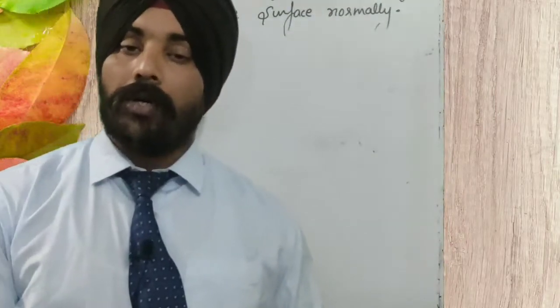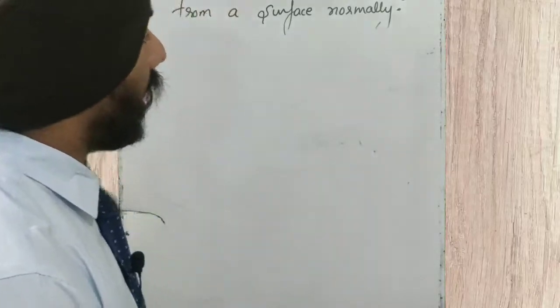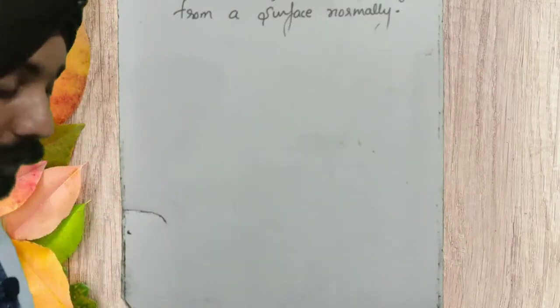If we are defining the electric field in terms of force, we call it electric field intensity. And here I told you flux is a flow of electric field and flux is a property of electric field. If we are defining electric field in the form of flux, then we call it electric flux density.